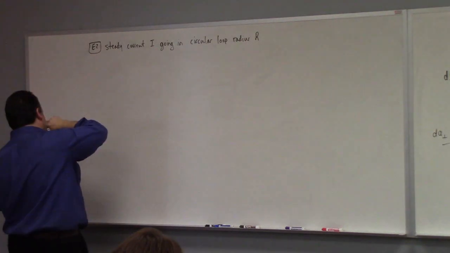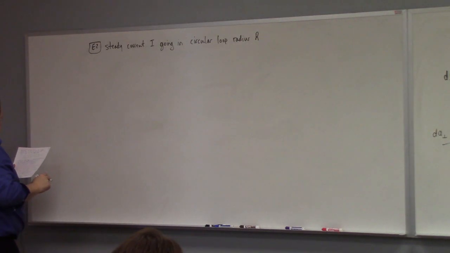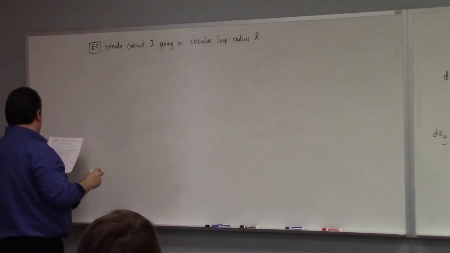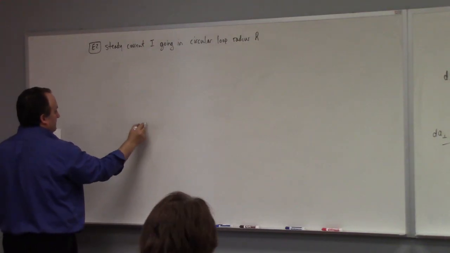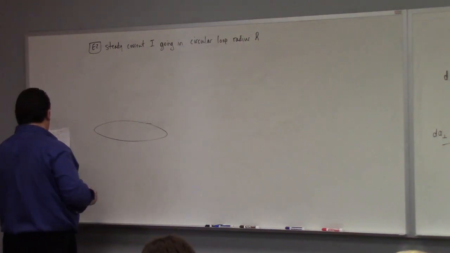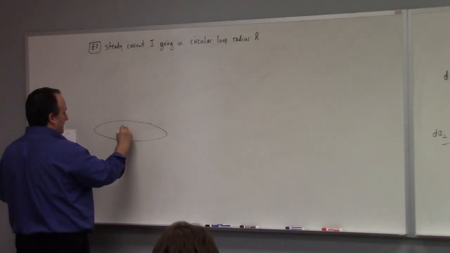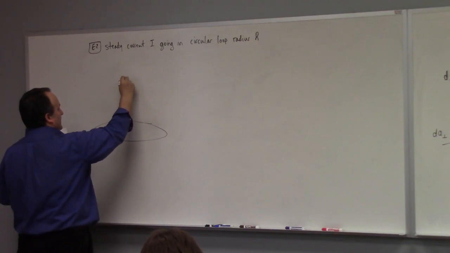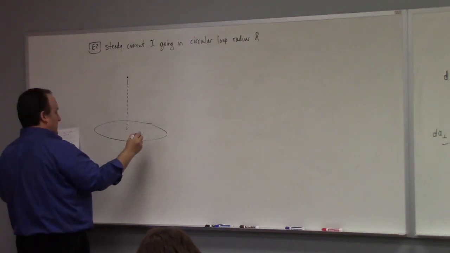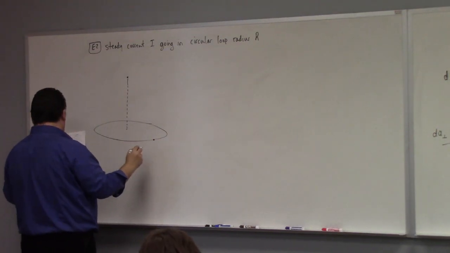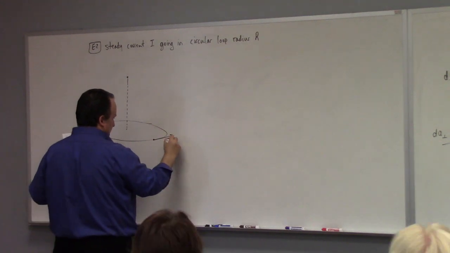And we're asked to find the magnetic field at a point a distance z above the center of the loop. All right. So here's the deal. Trying to find the magnetic field up there, I'll picture a dl down here.